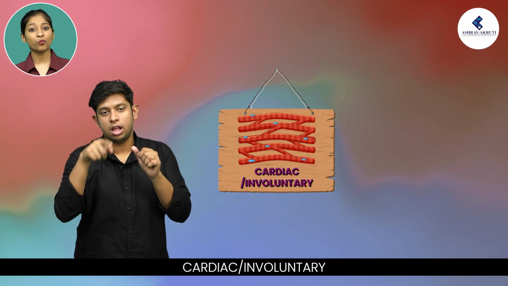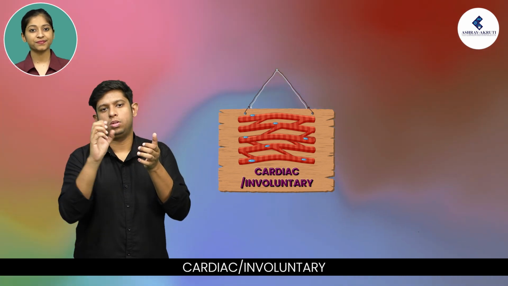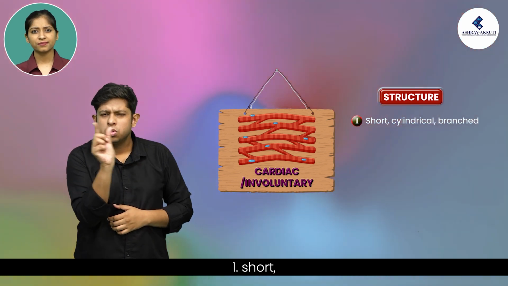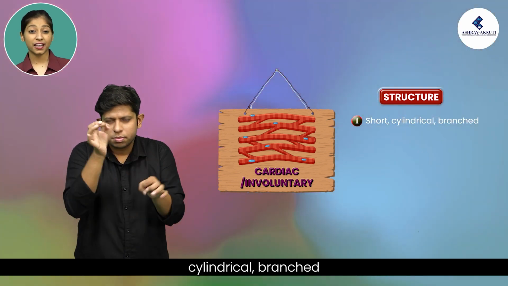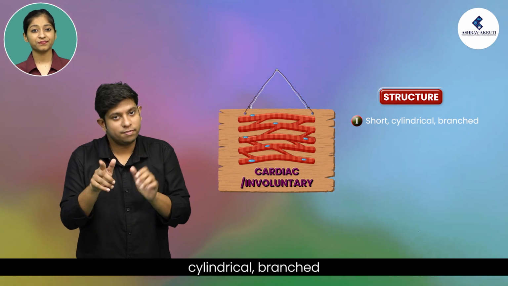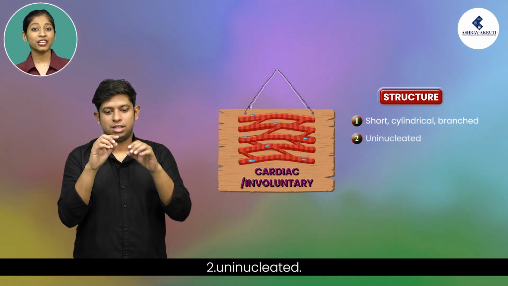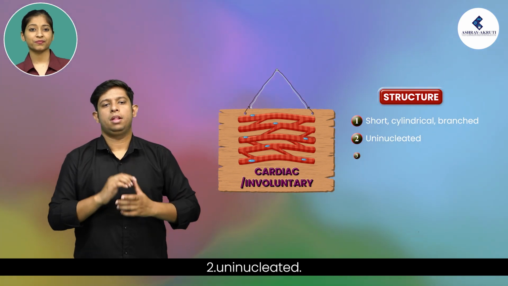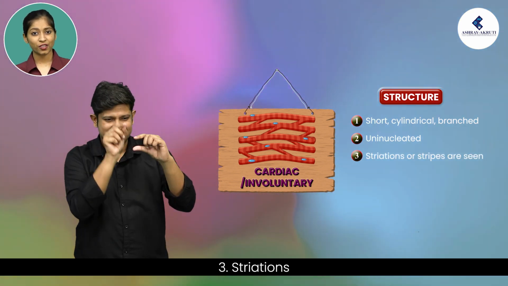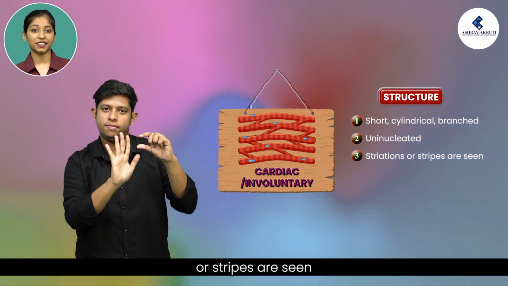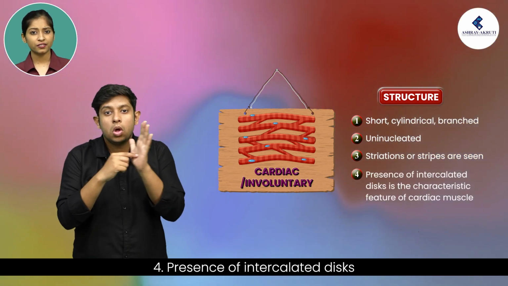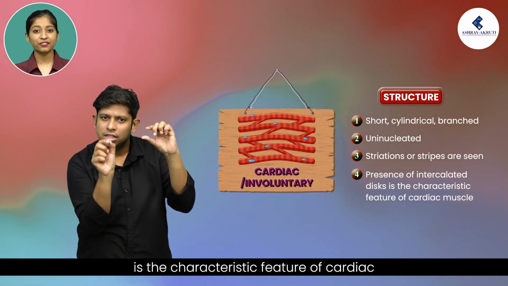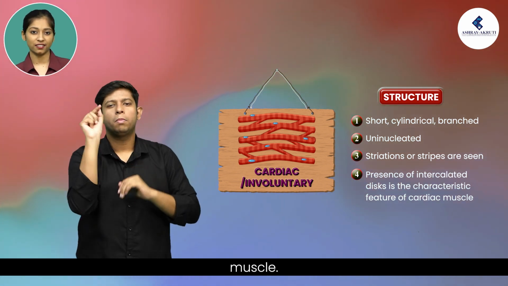Cardiac or involuntary. Short, cylindrical, branched. Uninucleated. Striations or stripes are seen. Presence of intercalated discs is a characteristic feature of cardiac muscle.